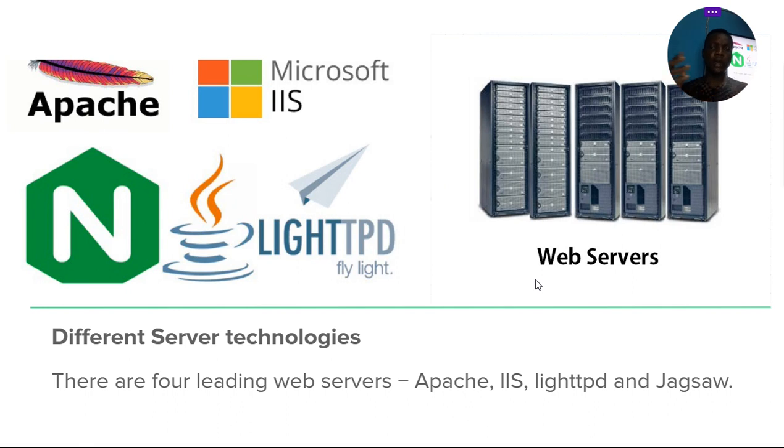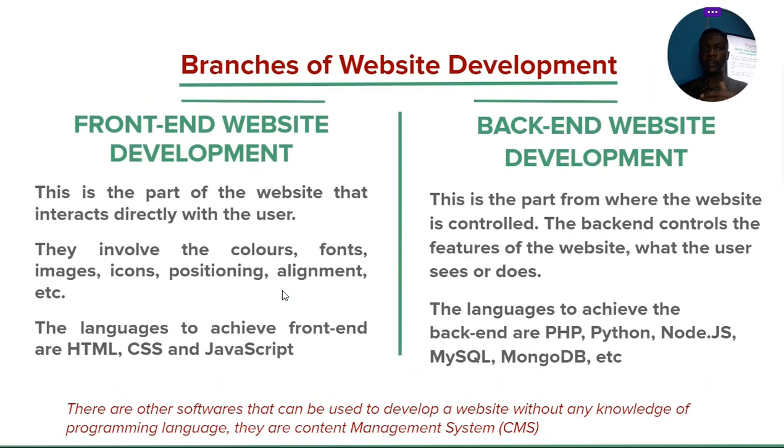There are so many servers out there. We have the Apache server, which is mostly on Linux and Unix operating systems. We also have the Windows server, which is built by Microsoft. So Apache, Nginx, and the Windows server are all different servers on the internet.